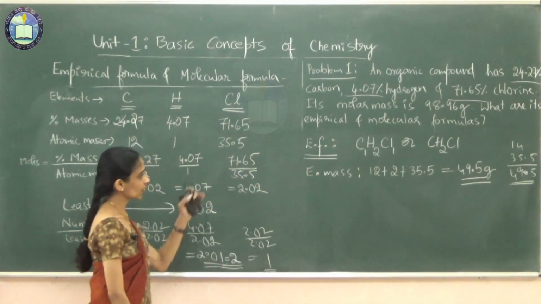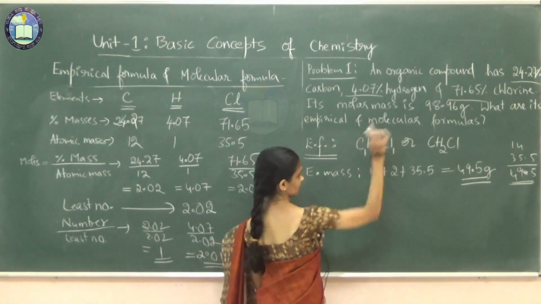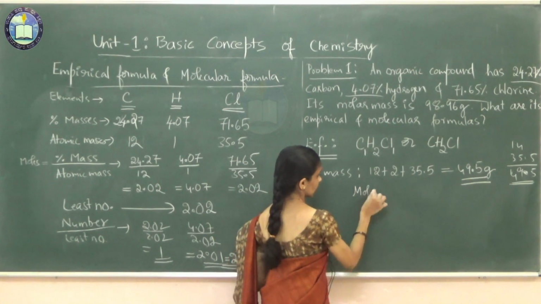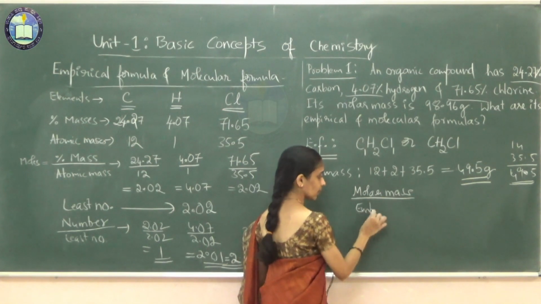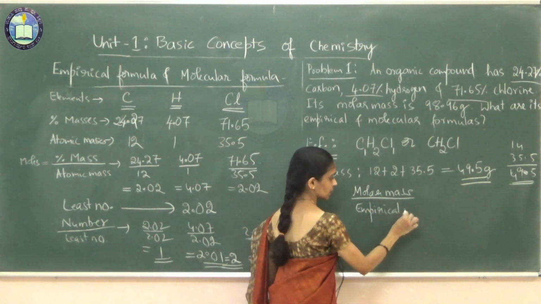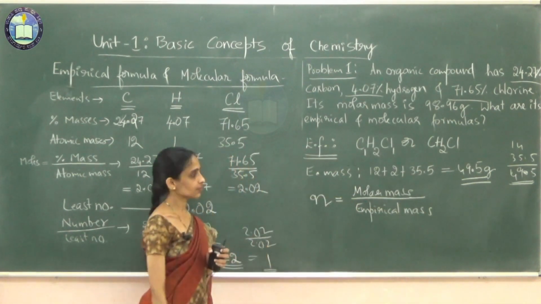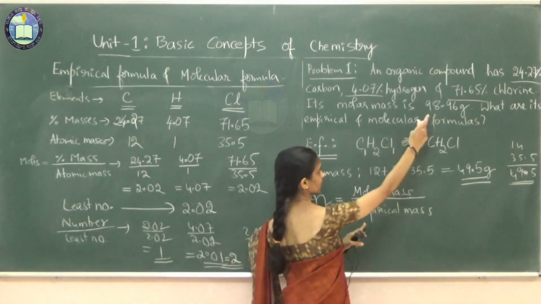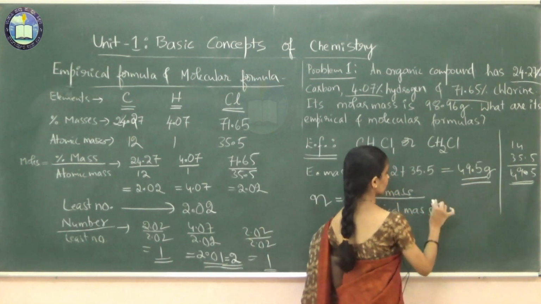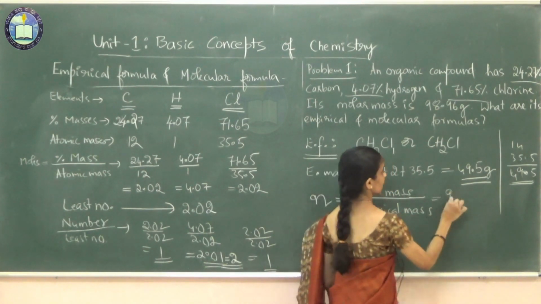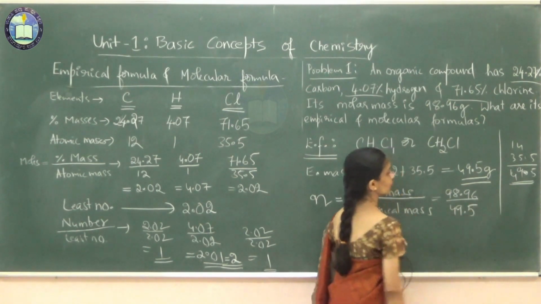Okay. So once you have the empirical mass with you, the molar mass is given in the problem. Divide the molar mass in the problem by the empirical mass which is found out, and you will get an integer n. So it will be 98.96 divided by 49.5.